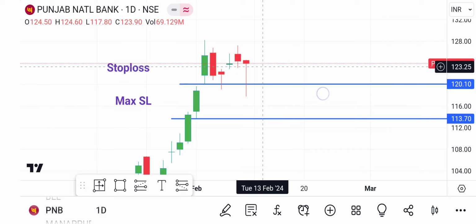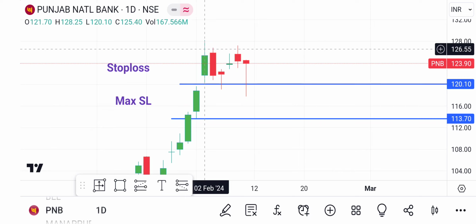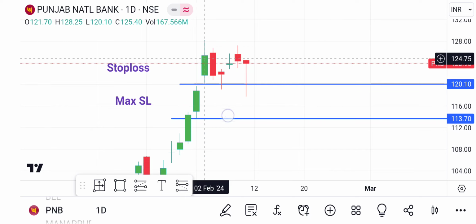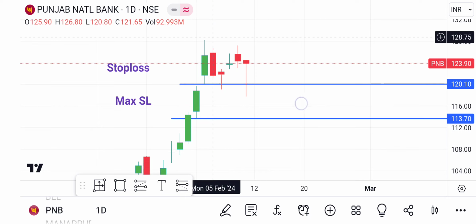The second method would be to take entry above this point, that is, above the high of this green candle right here. The high is 128.25. So if you're entering above 128.25 or 128.3, you can have more chances of winning in this trade.